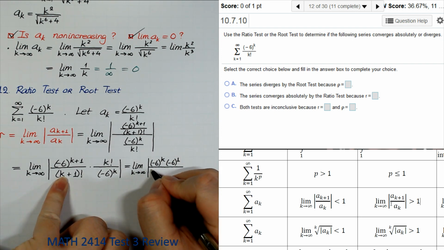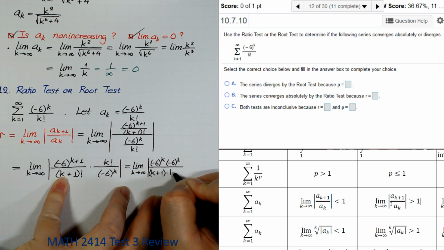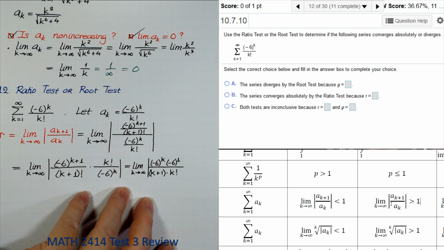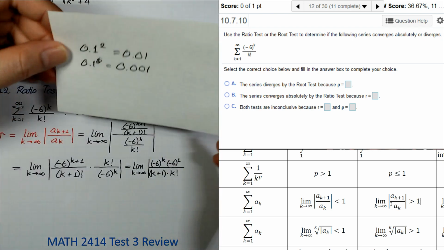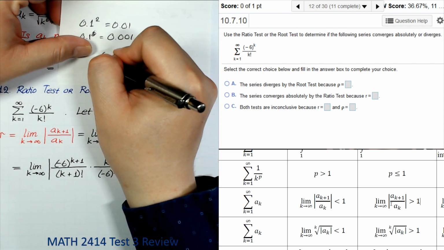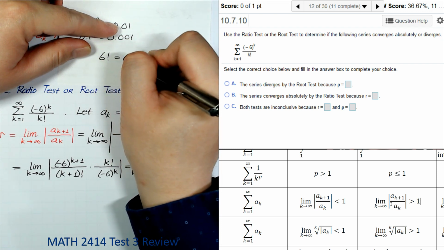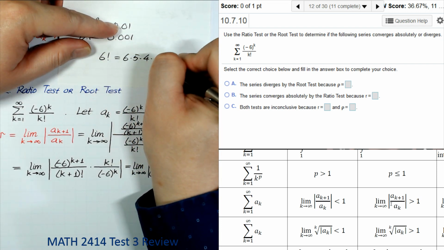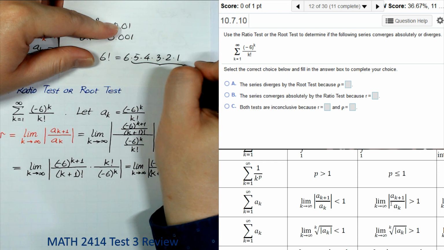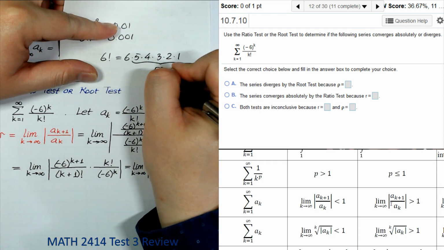And k plus 1 factorial is k plus 1 times k factorial. Just to give you one example, 6 factorial is equal to 6 times 5, 4, 3, 2, 1, and those last factors are 5 factorial.